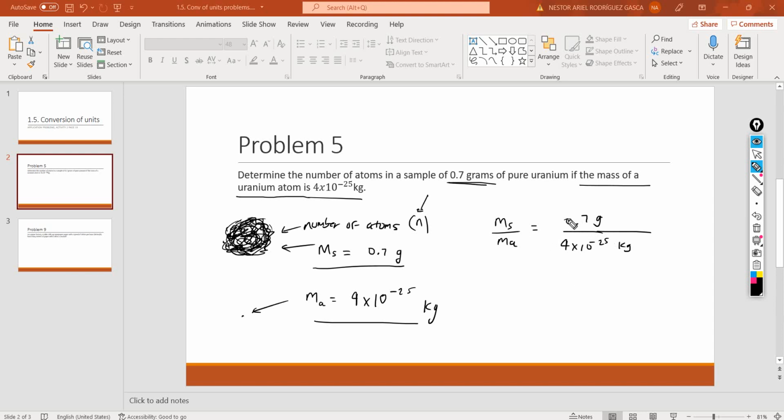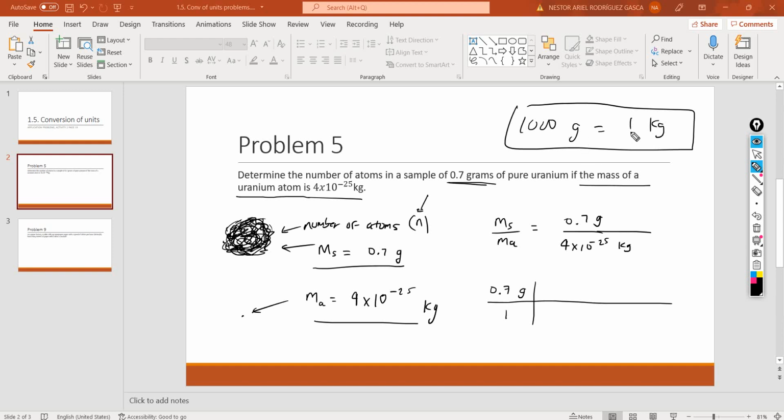So I'm gonna convert this to kilograms by the process that we already know. We're gonna write the quantity, draw this type of structure or table, and write the conversion factor in here. Do I know the equivalence? Yes, I know that 1,000 grams is 1 kilogram, right? And out of this equivalence, I will get the conversion factor. The grams should be in here, the kilograms should be on top, and that's it. Multiply across the top and across the bottom.